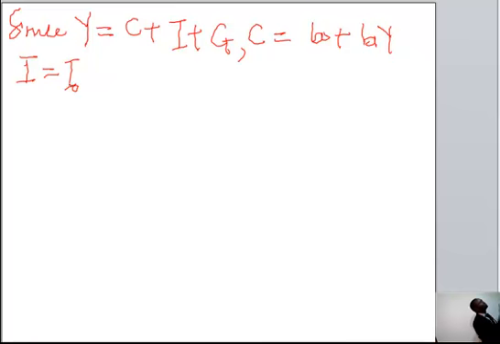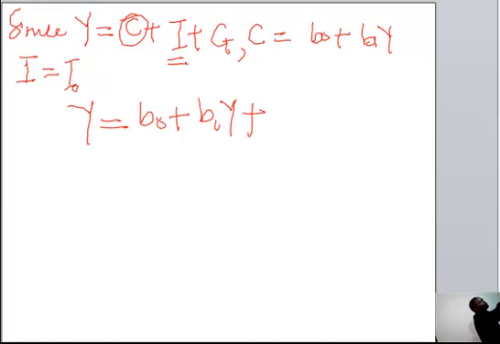In this case, what we just have to do is to substitute this C. Since our C is B0 plus B1Y, we have our Y to be equal to B0 plus B1Y plus I, which is our investment, plus G in the original equation. So we arrive at this.